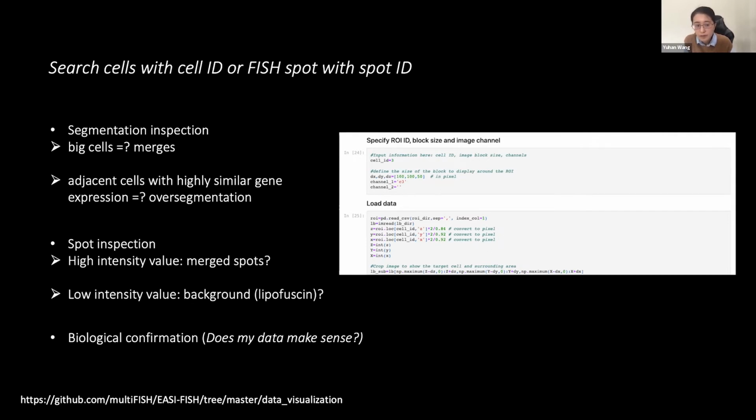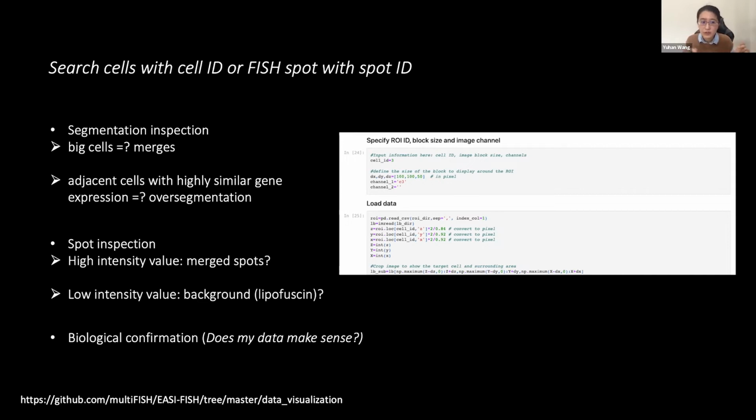For example, for the segmentation inspections, we have some code where we can flag cells that we think are likely over-segmented, because we've tuned our algorithms to over-segment rather than under-segment, since over-segmentation is easier to correct. Then, based on their gene expression similarities, as well as their distances and whether they have overlapping or neighboring pixels, we flag a subset of these ROIs.